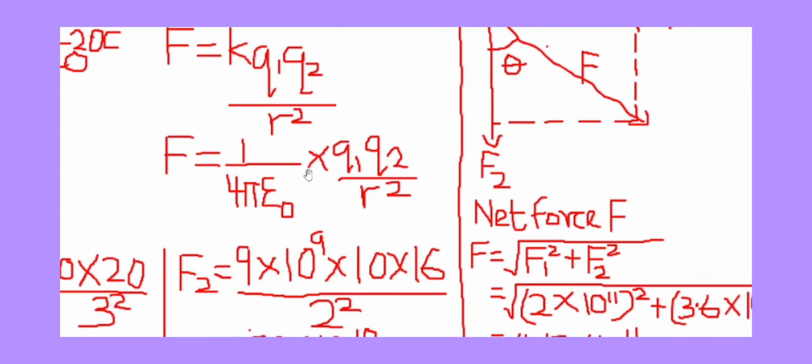If we put that inside our formula for F, that will give us F is equal to 1 divided by 4 pi epsilon naught multiplied by Q1 Q2 all divided by R squared.